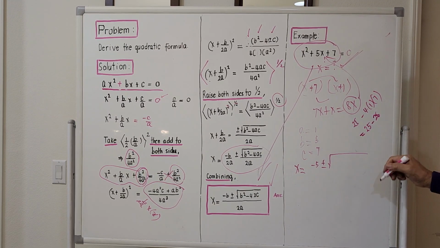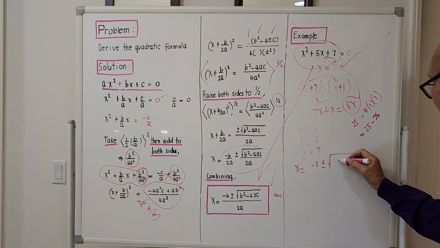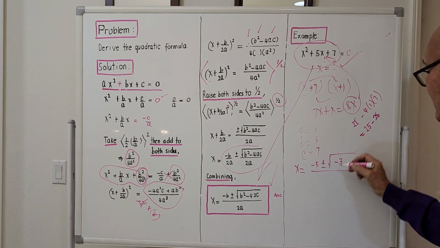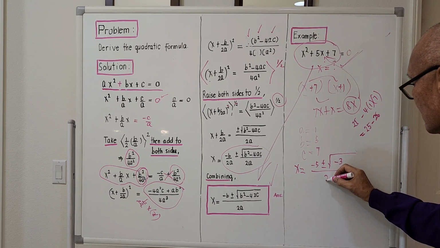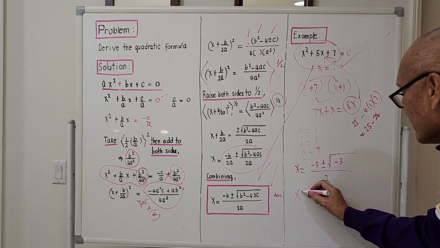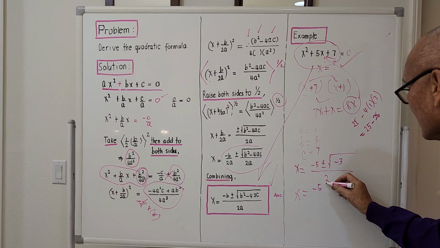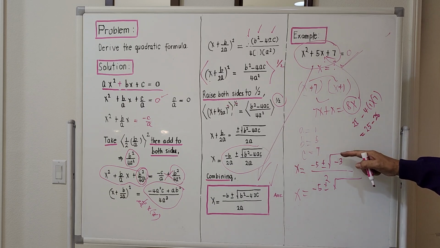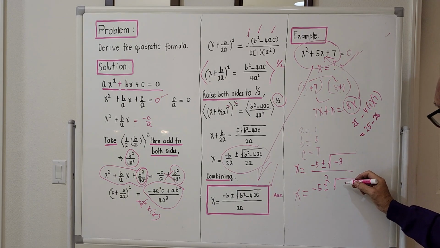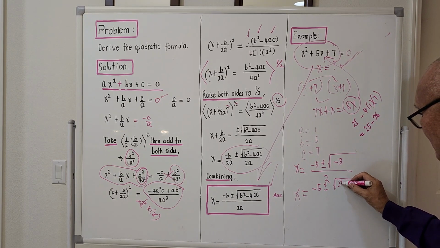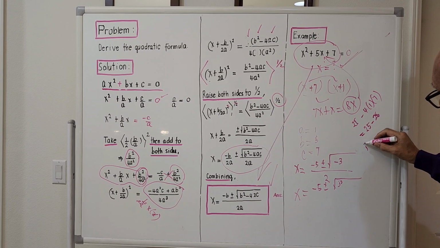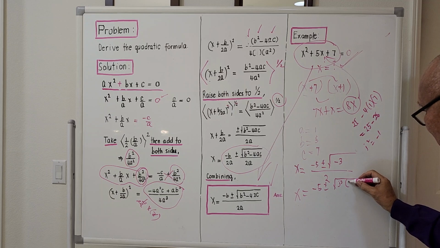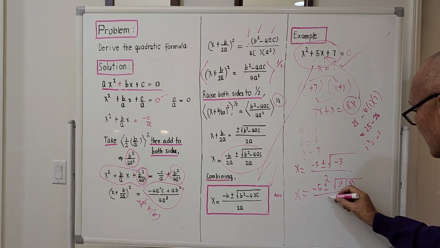So actually what will come out inside the radical will be negative 3, all over 2a. 2 times 1 is 2. x now will be equal to negative 5 plus or minus. Since there is a negative sign inside, we could put this as simply j squared, because j squared is actually equal to negative 1, times 3, all over 2.